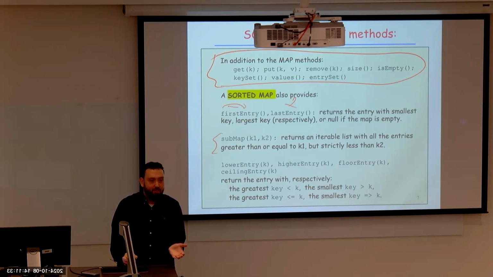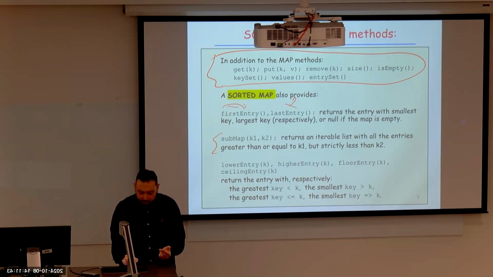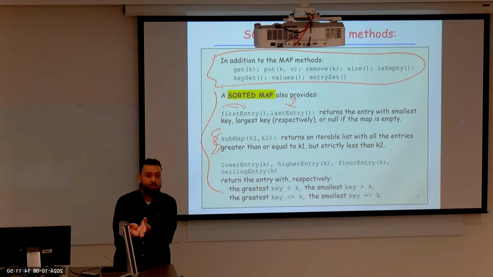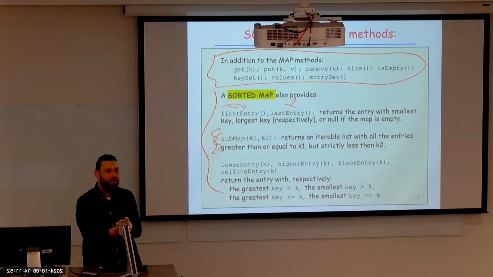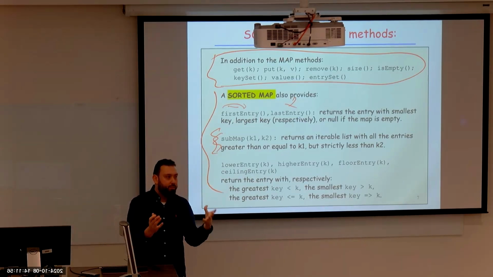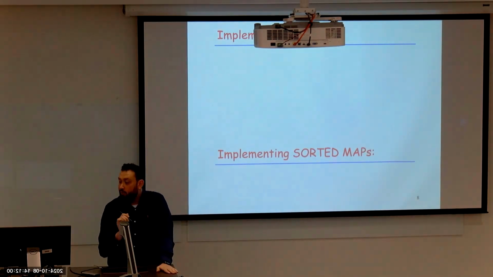Then there's something called submap. That means I can just say I want all the student numbers between the student ID 20 and the student ID 25. It's going to return me everything between these two numbers. Okay, so that's the idea. This will only work if it's sorted, because imagine it's not sorted and I'm asking the method to return me this submap.